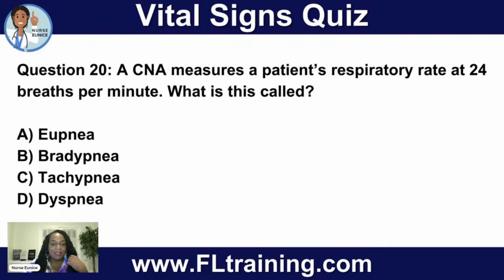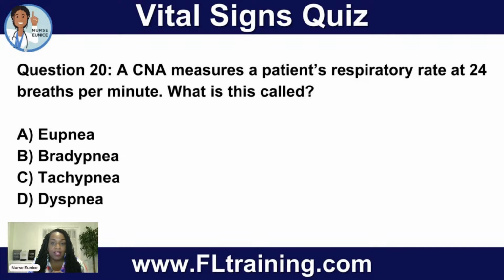So let's talk about this. When something is slow, think of the Brady Bunch. It was a whole bunch of kids in a station wagon. That station wagon was not moving fast. It was moving slow. So when we put Brady as a prefix, that means it's going slower than it should. Tachy, it's going really fast.